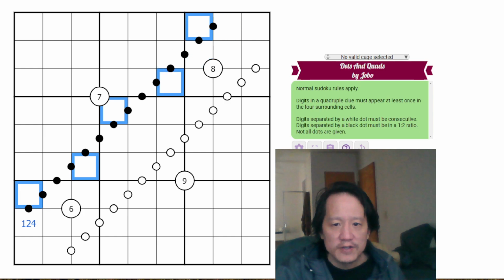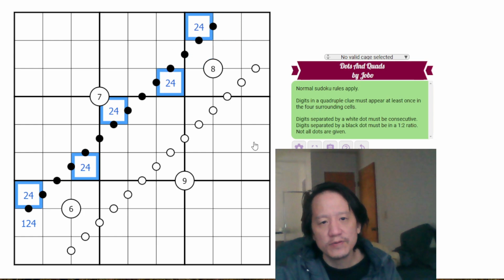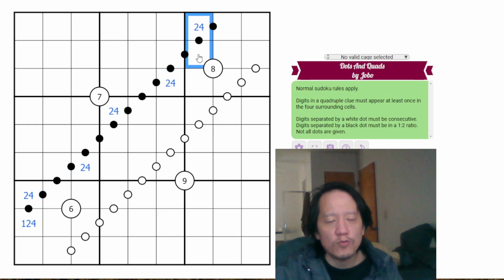So these specific cells must be 2 or 4. And what you figure out is that these 2 can never be the same. If this is 2 and this is 2, this can only be 1 or 4, and this can only be 1 or 4. But 1 and 4 can never have a 1 to 2 ratio.